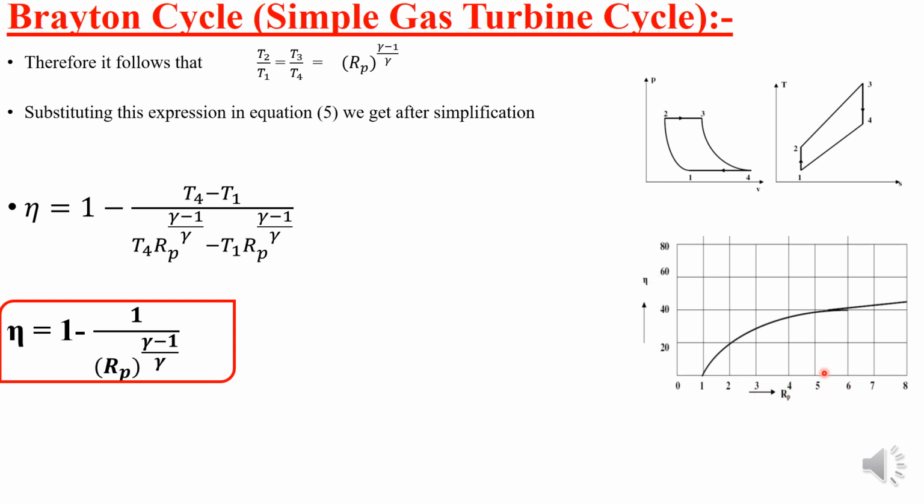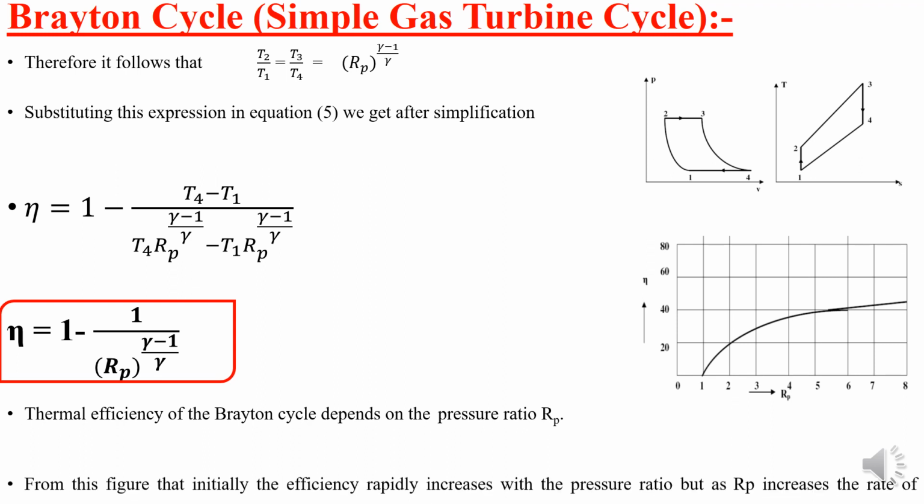After that limit, there won't be much change in the efficiency. It means if you increase Rp further after that limit, say 5 or 4, there won't be much change in the efficiency. The rate of increase in the efficiency may decrease after a certain value of Rp has been achieved. So this is how you find out the effect of Rp on the efficiency.